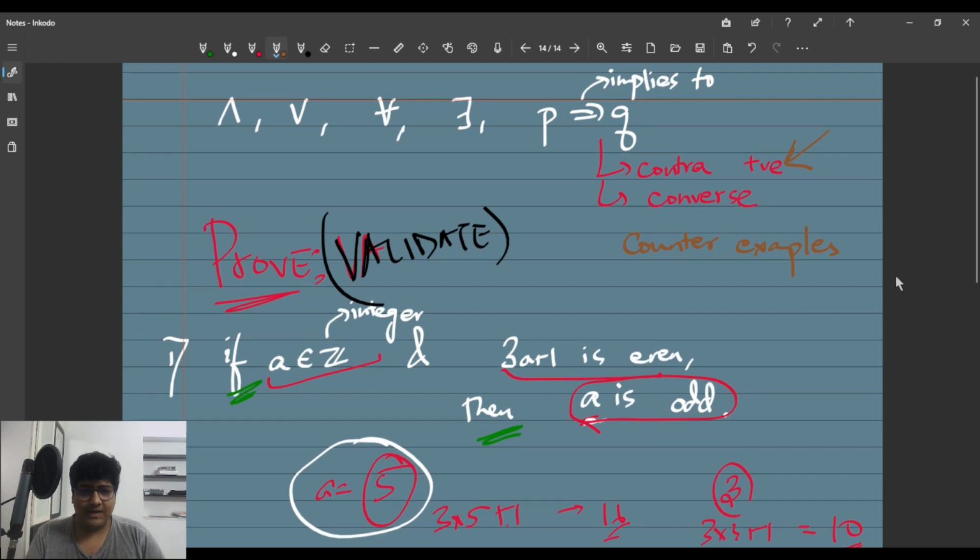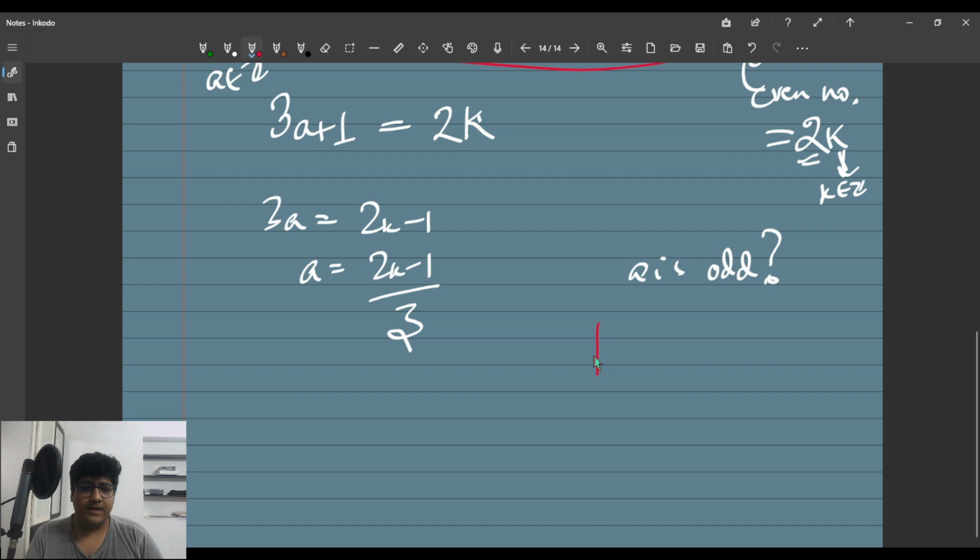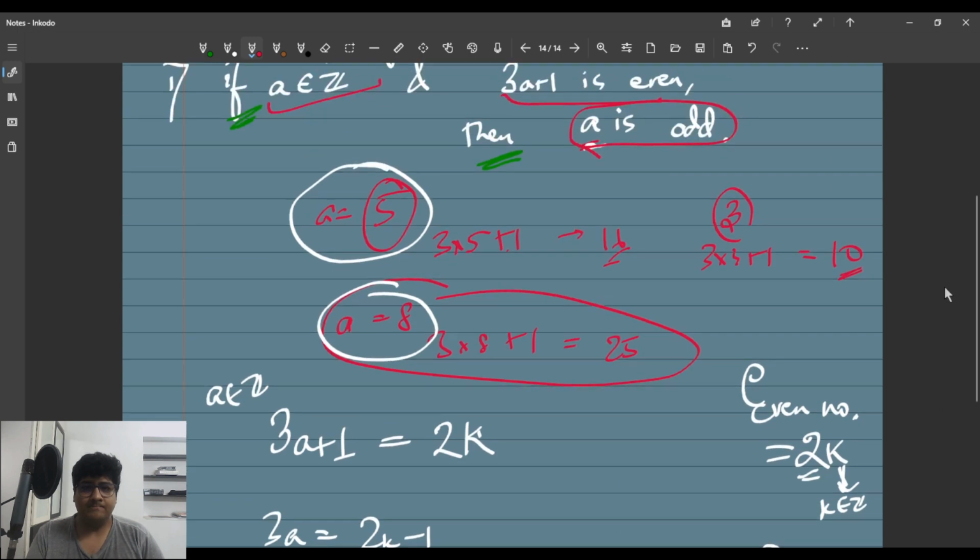We established in the previous lecture using truth tables and whatnot that P implies Q is equivalent to not Q implies not P. This result we established in the previous lecture even logically, and we verified it using the truth table.